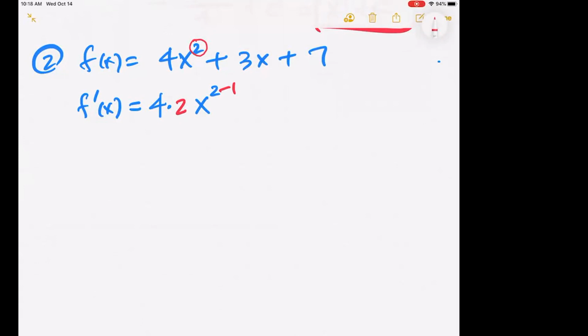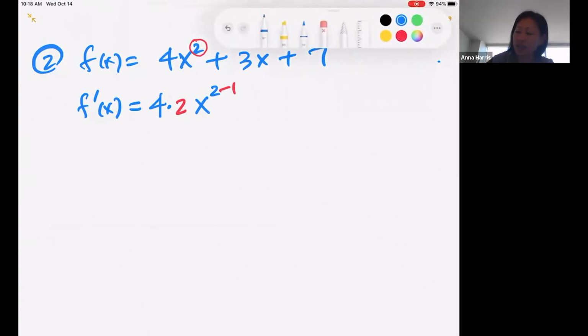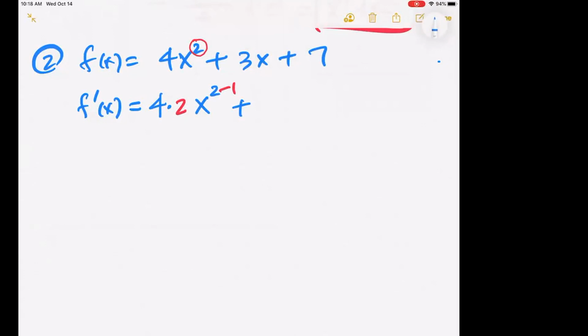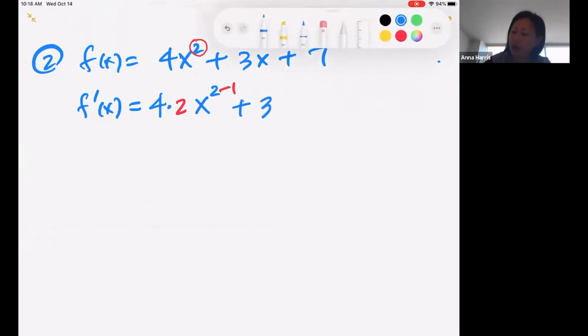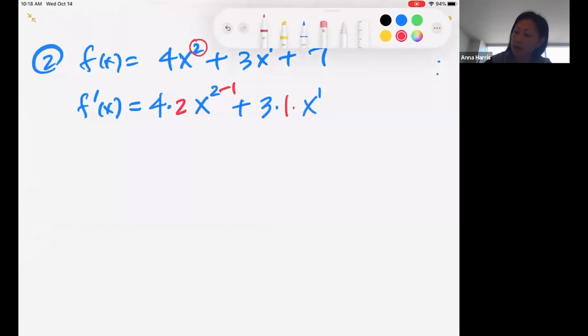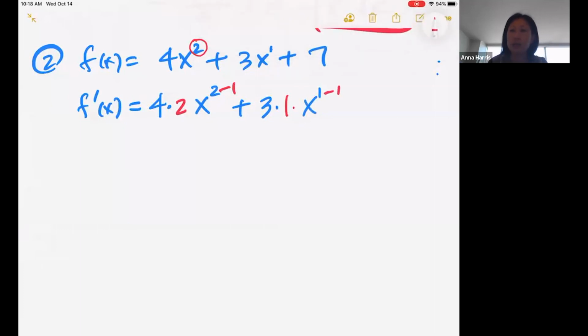Okay, next one. Fabian, what's my next derivative? Next term. Because I'm not going to skip steps. I want everybody to see it. There's a 1 power. Okay. So I have 3 times 1 times x to the 1 minus 1.